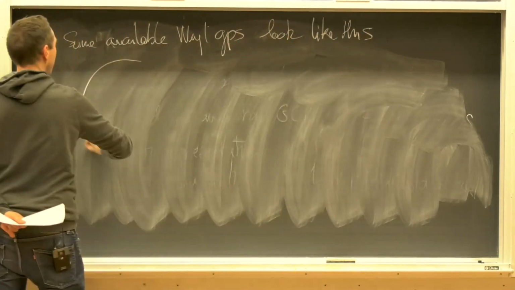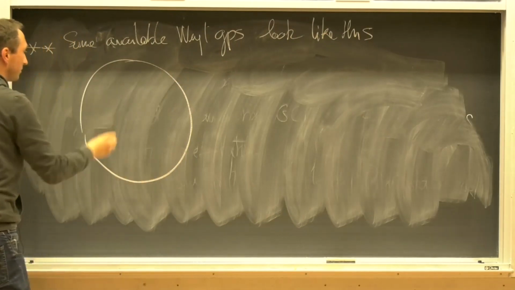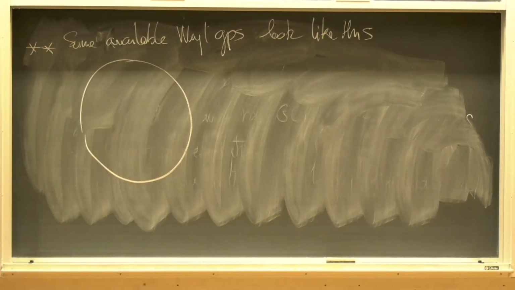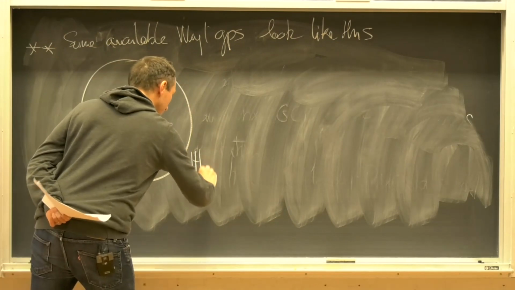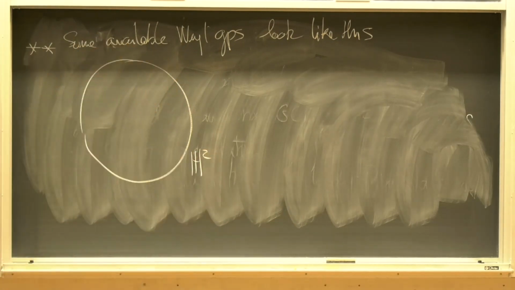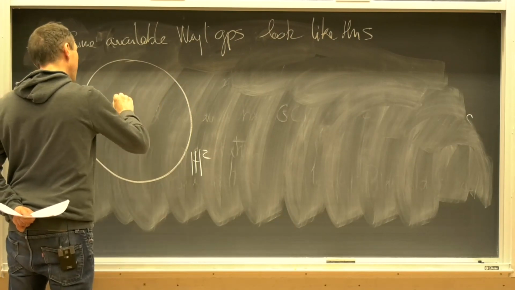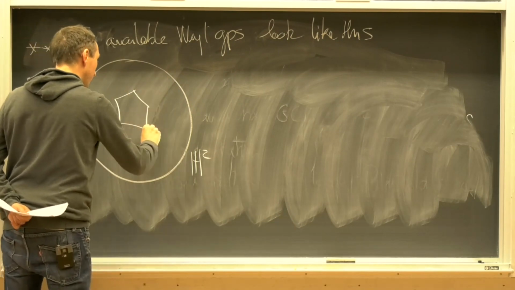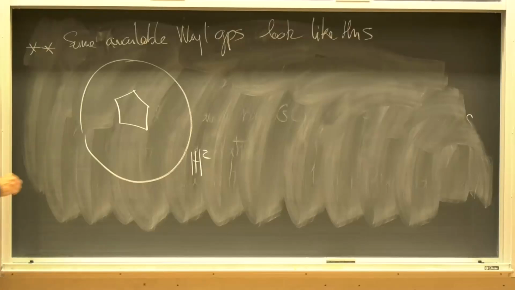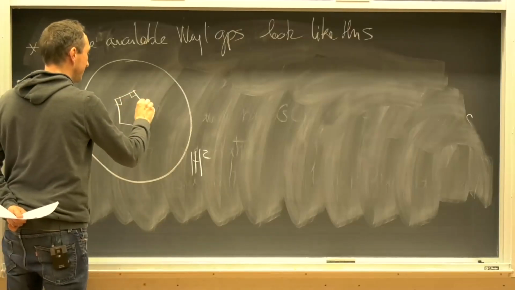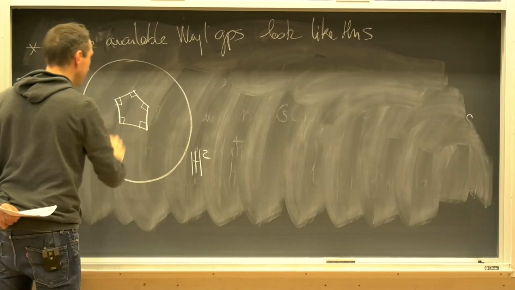Namely, I take my favorite negatively curved geometry, typically H2, the hyperbolic plane. And for any integer at least 5, I can draw a right-angled regular polygon, provided I have at least 5 sides.